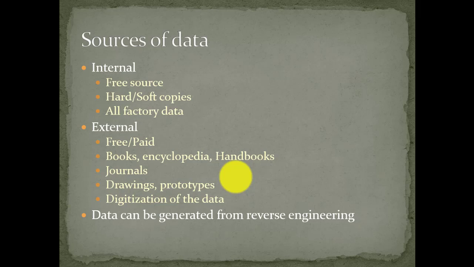There is one more source of data, called data that are generated with the help of reverse engineering. What do I mean by reverse engineering? Suppose there is an existing product in the market, you will be buying that product, and whatever process is followed to develop that particular product, from process number 1 to process number 10, you are going in the reverse direction, that means 10 to 1.